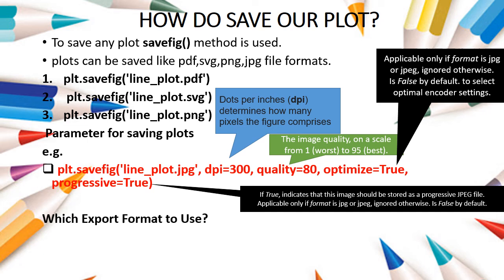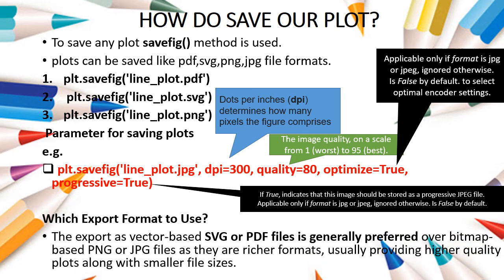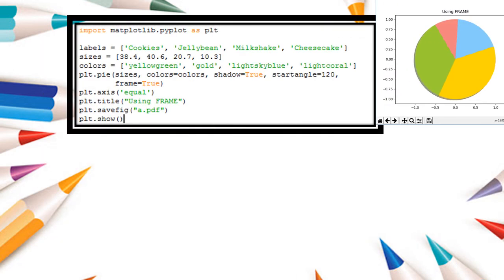While we are exporting our plot to any other place, we can use SVG format or PDF format. This is the best compared to other formats because it provides high quality. See the example of how to save the pictures.